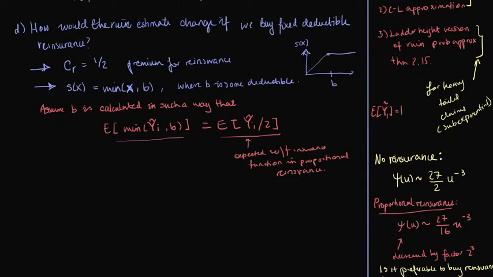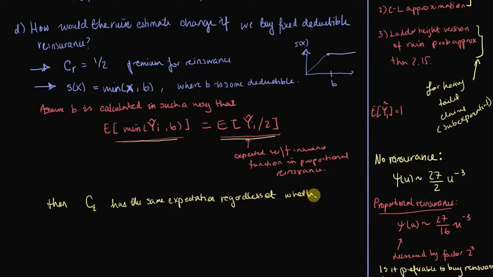So if we assume B is calculated such that the total claim size ends up being the same on average in the fixed deductible and the proportional reinsurance case, then the total capital has the same expectation regardless of whether we buy fixed deductible or proportional reinsurance.